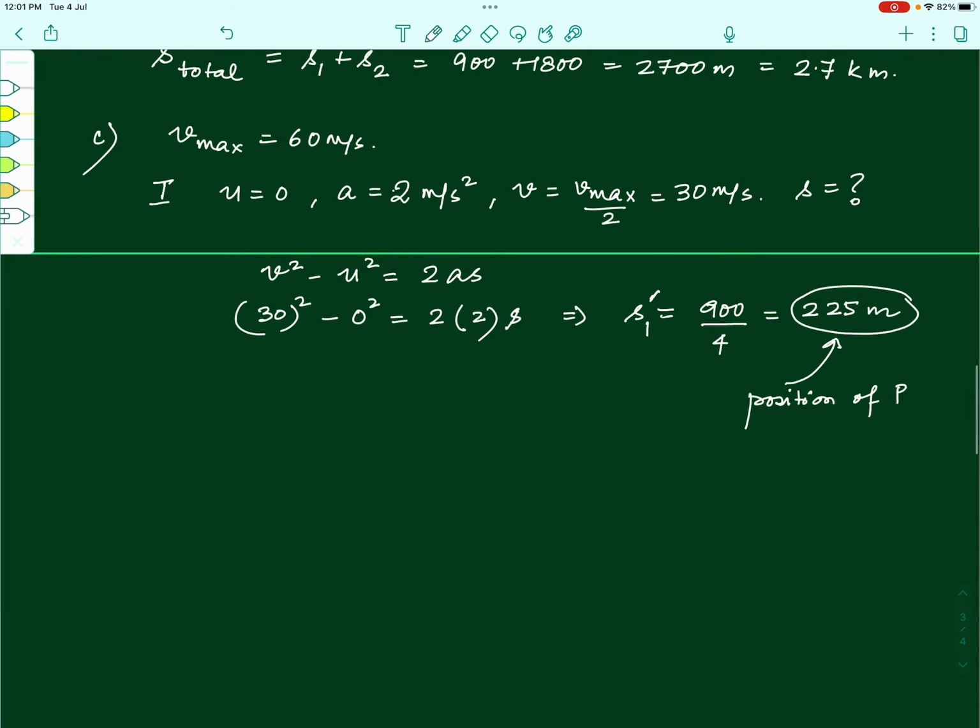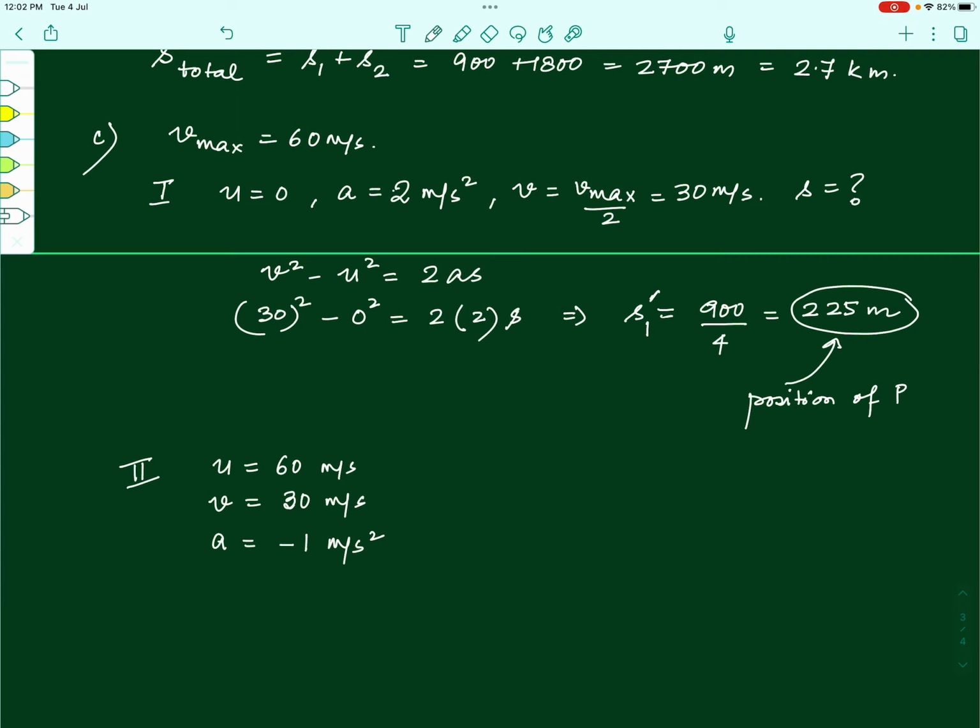Now let us come to the other position during the second part of the motion. For the second part of the motion, we have the initial velocity as 60. The final velocity, once again we are looking for half the maximum velocity, that's 30 meter per second. We know that for the second part of the motion, acceleration is minus 1 meter per second squared, right? And for these values now we are looking for s.